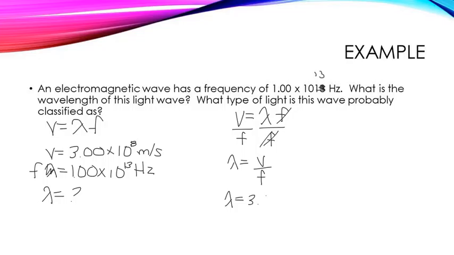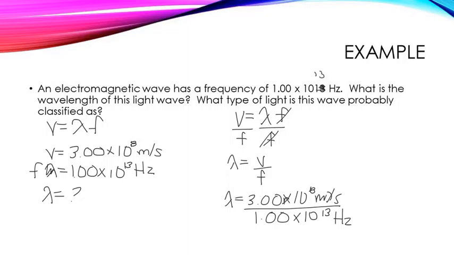So lambda equals 3.00 times 10 to the 8 meters per second divided by 1.00 times 10 to the 13 hertz.